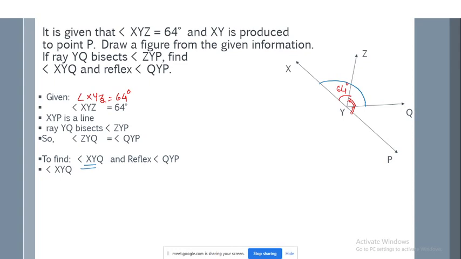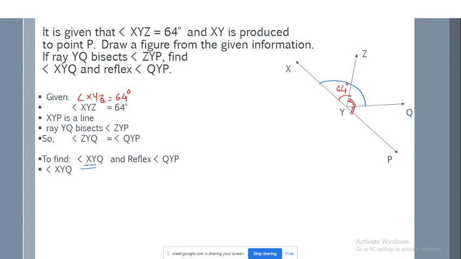Will you try? Okay, I will ask for your answers after 2 minutes, okay? So find out this angle, that is our aim now. When you find the answer, just tell me.